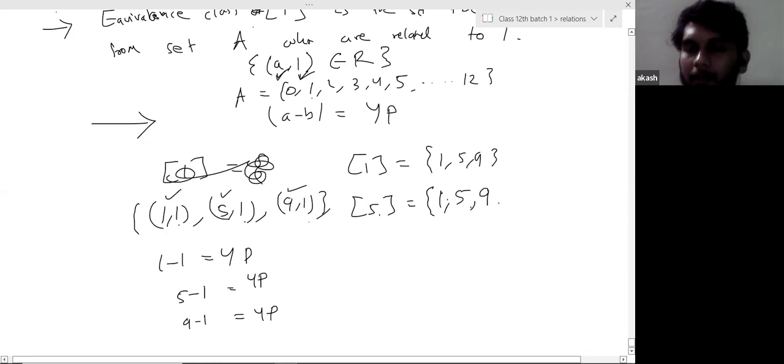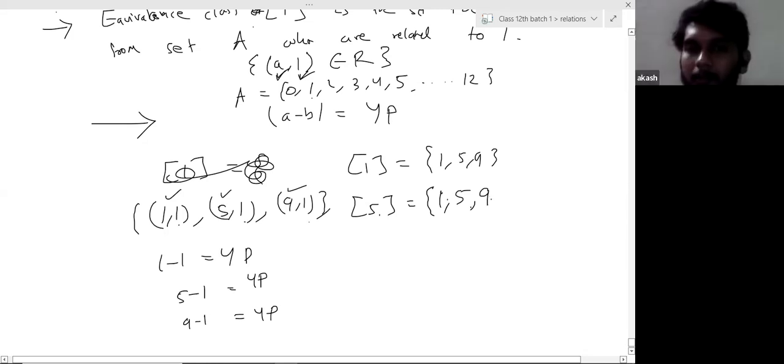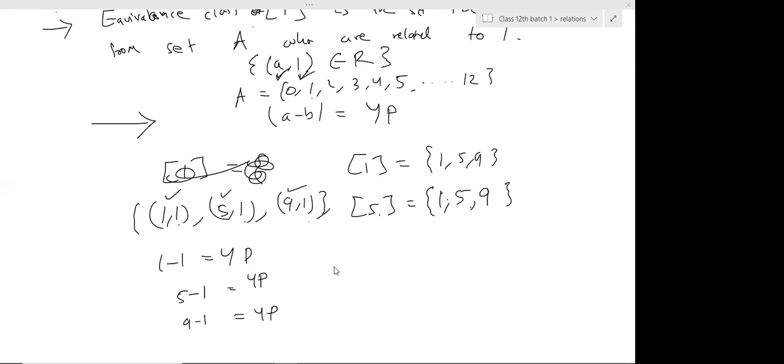Is it clear, everyone? Yes, sir. So you have to check for all the elements. Any other number? 10? No. So this will be the answer. Kulsum, this is clear? Yes, sir.